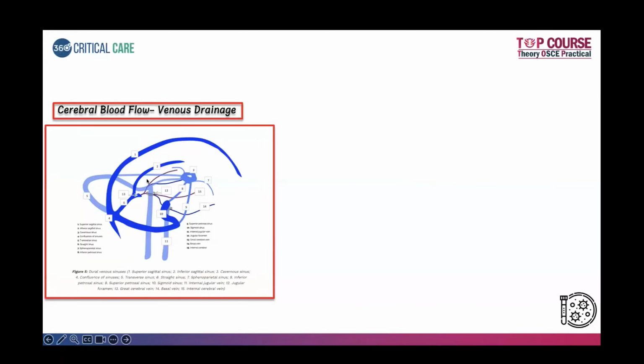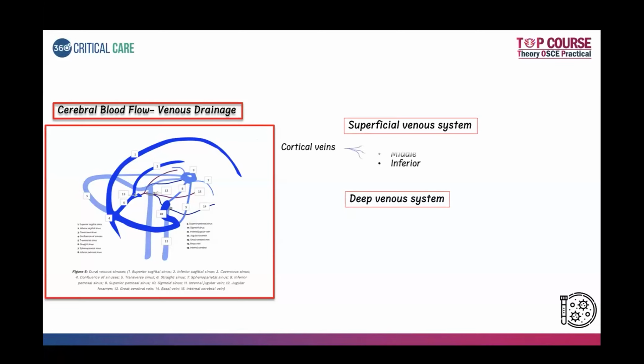Venous supply of the brain is simple when you classify them into a superficial venous system and a deep venous system. The superficial venous system again constitutes the cortical veins, which are again classified into superior, middle, and inferior based on their location in the brain.